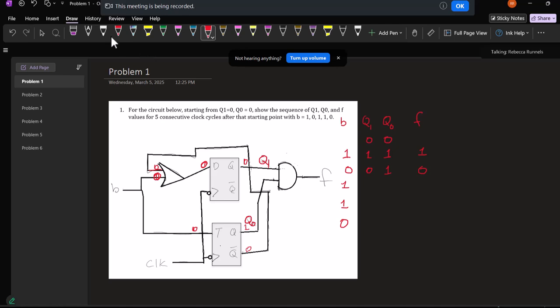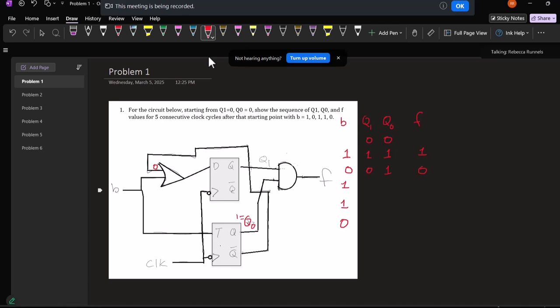Okay, and now this time we have, let's see, Q0 was 1, and so the not of Q0 is 0, so that's this input up there. And Q0 was 1.